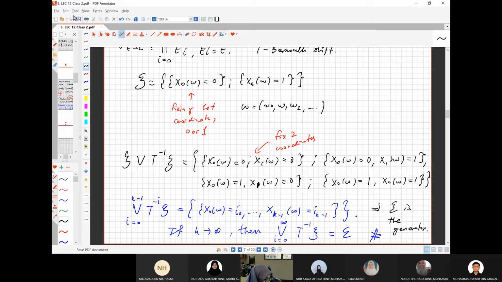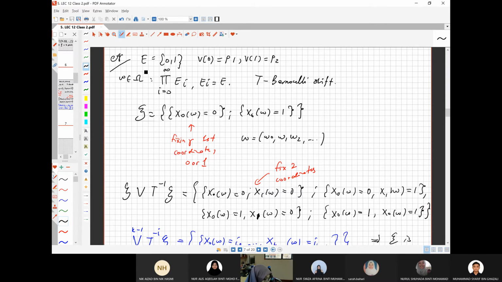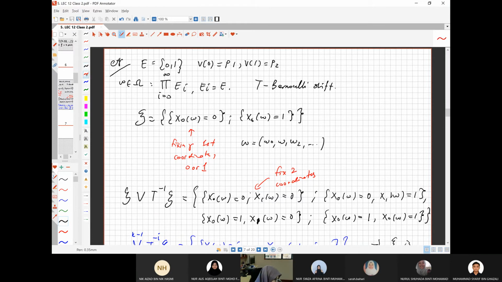So generally you can do it for the case E, where E is between 0 to R minus 1. Also the same, you can do the same. Here it is only 0, 1. So if it is 0 to R minus 1, that means this one changes only a little in the elements.